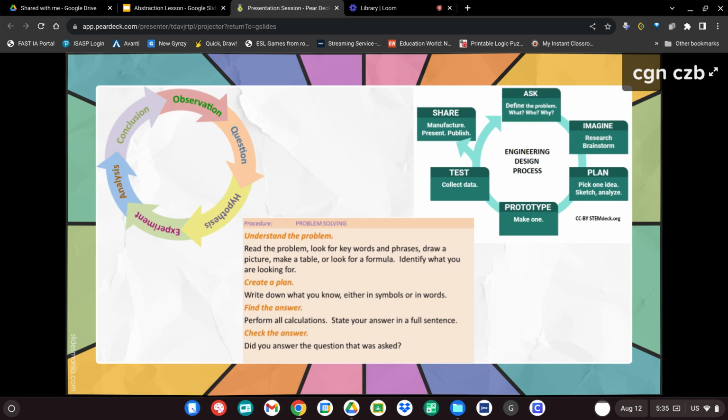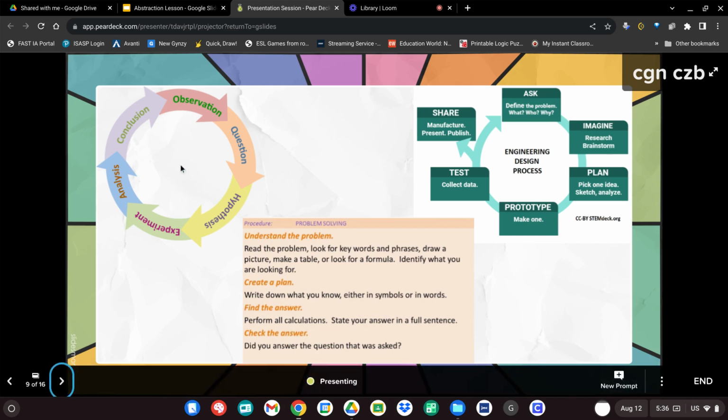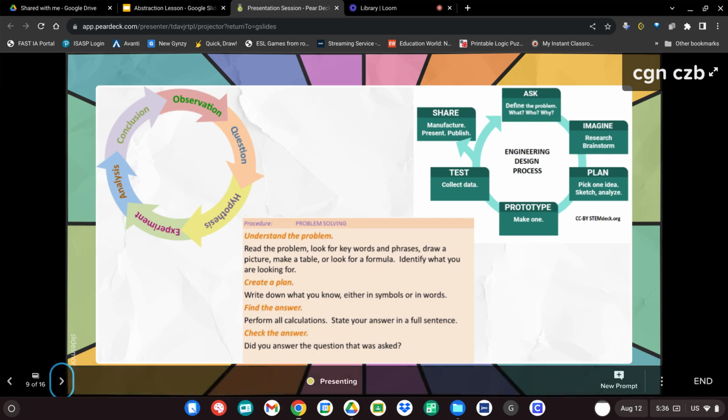These are all simplified steps of very complex problems or processes that were broken down into their most simple steps that would fit any, like with the scientific method. This fits any experiment you're ever going to do in science.